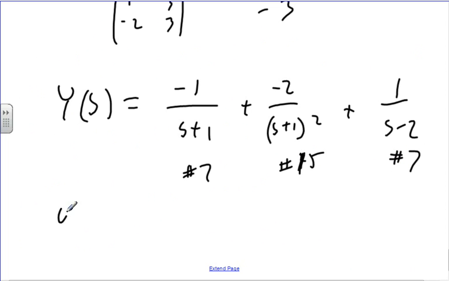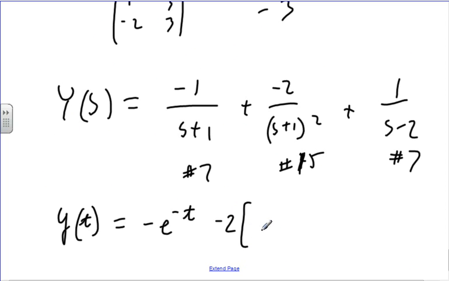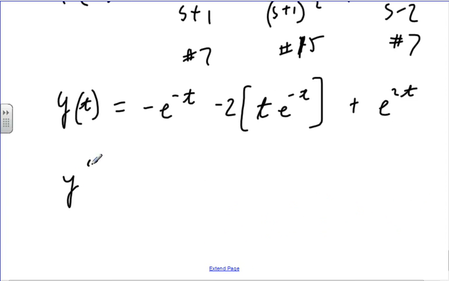And I have that y of t is minus e to the minus t minus 2t e to the minus t plus e to the 2t. And y at 0 is supposed to be 0, and it is 0, so that checks.